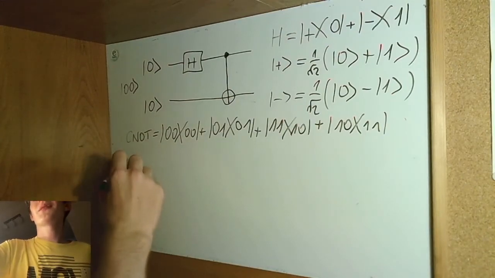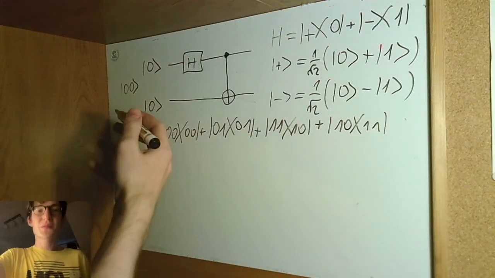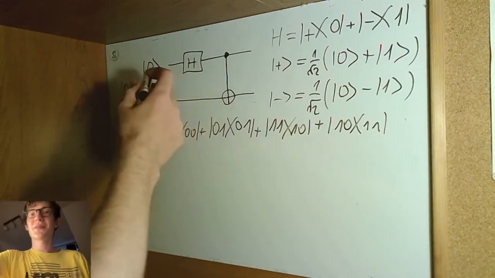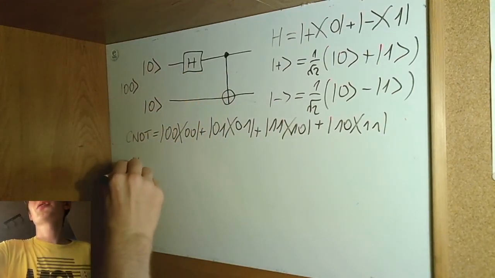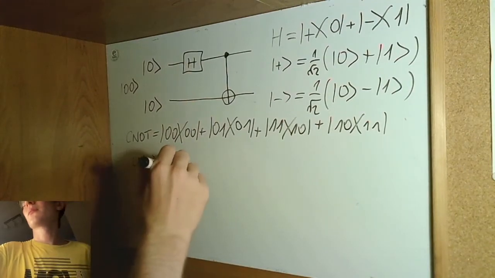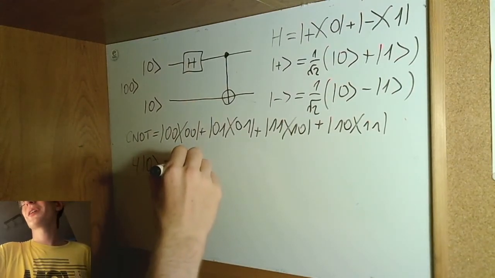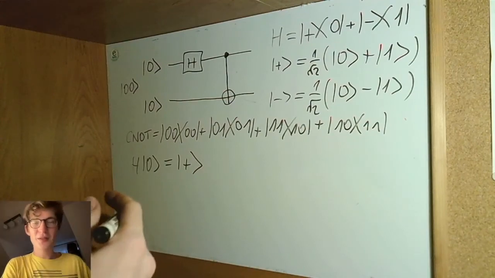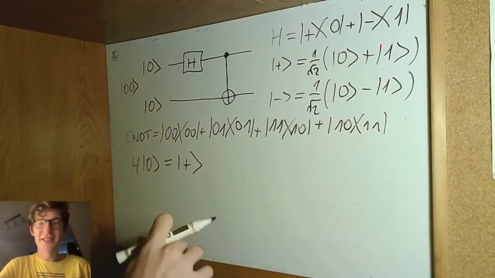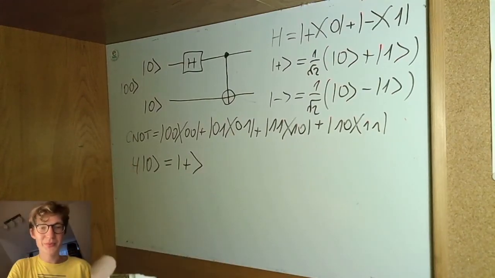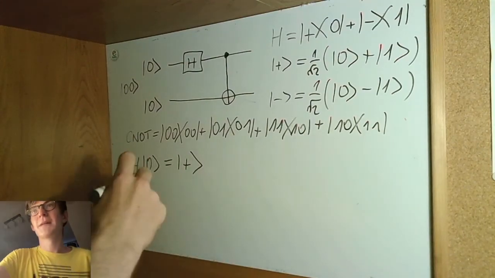So let's compute first what the first qubit is. H0 is, of course, what I showed you, plus.